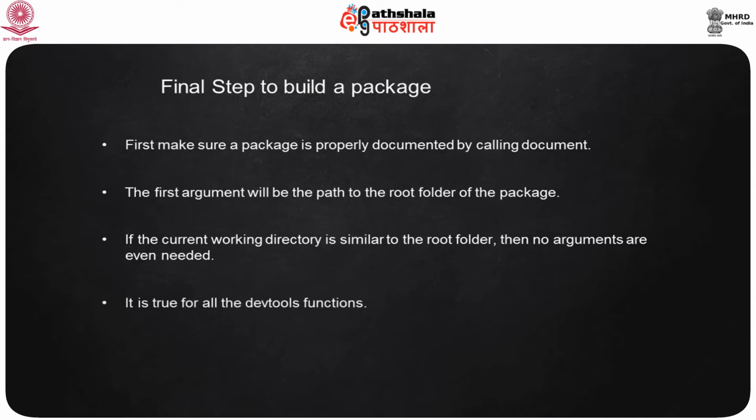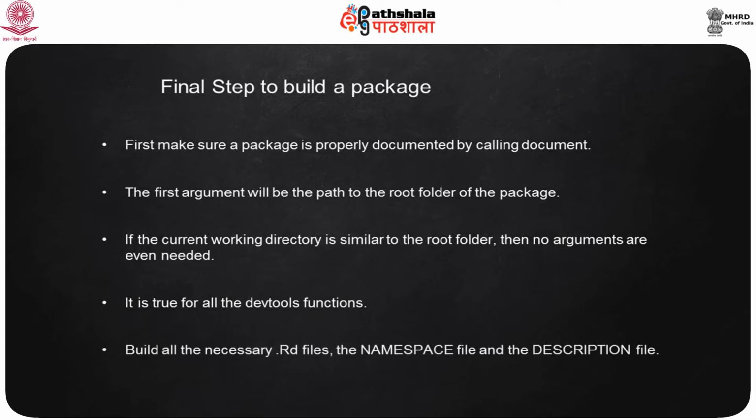It is true for all the devtools functions, or you may call it devtools. We have discussed things regarding this previously as well. Now, build all the necessary .rd files, the namespace file and the description file. Remember, the things regarding all these kinds of files have been discussed previously. So, by now you know what these kinds of functions are.